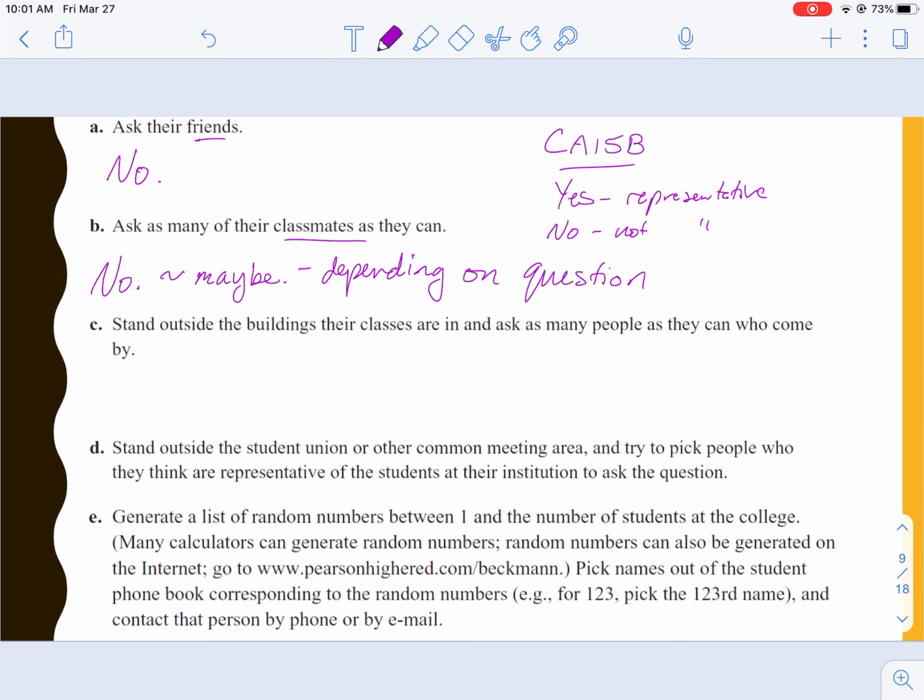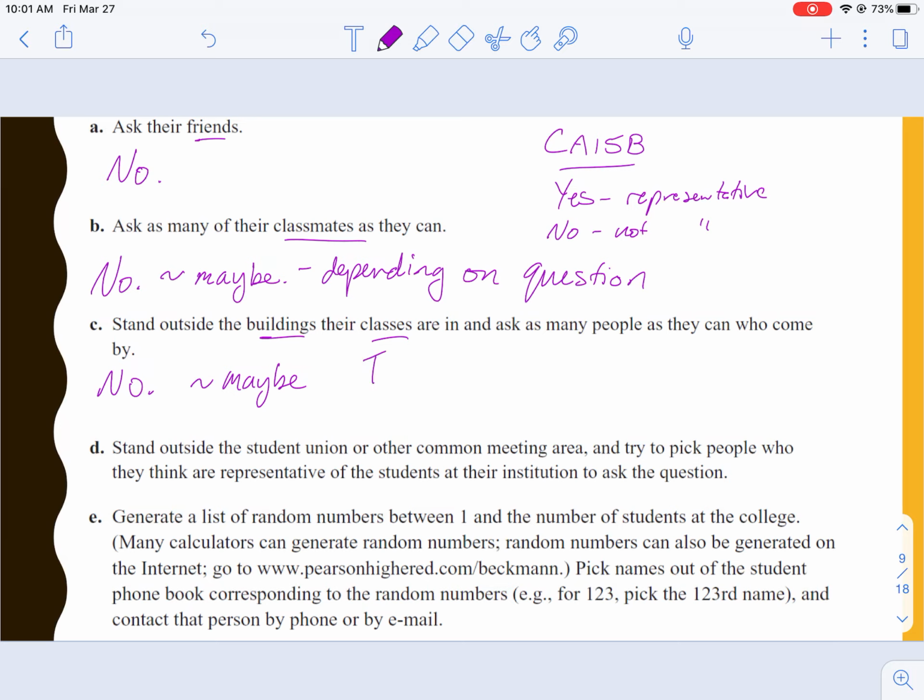Stand outside the buildings the classes are in. Again, I'm going to say no, and again, maybe, it depends. But again, likely if we stand outside of a building, it depends on the classes, right? If you stand outside of Weber, you might get different types of people than if you stand outside of Larson.